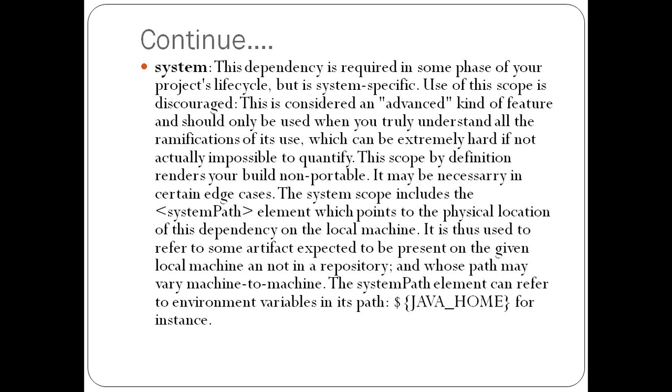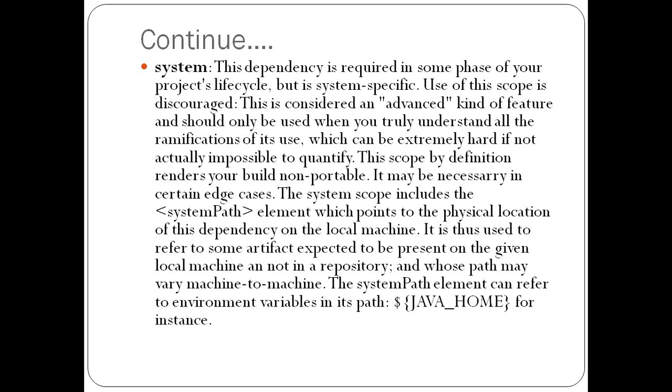And the next one is the system scope. This dependency is required in some phase of your project's life cycle. Suppose you are using a third-party library that is not available in the local repository, central repository, or remote repository, but the jar file is available in your local system path. Then we can use the system scope.